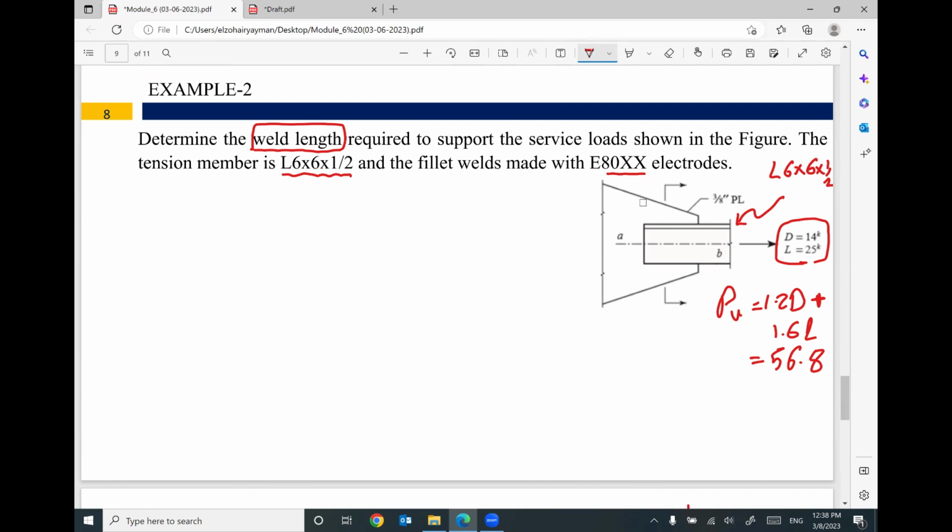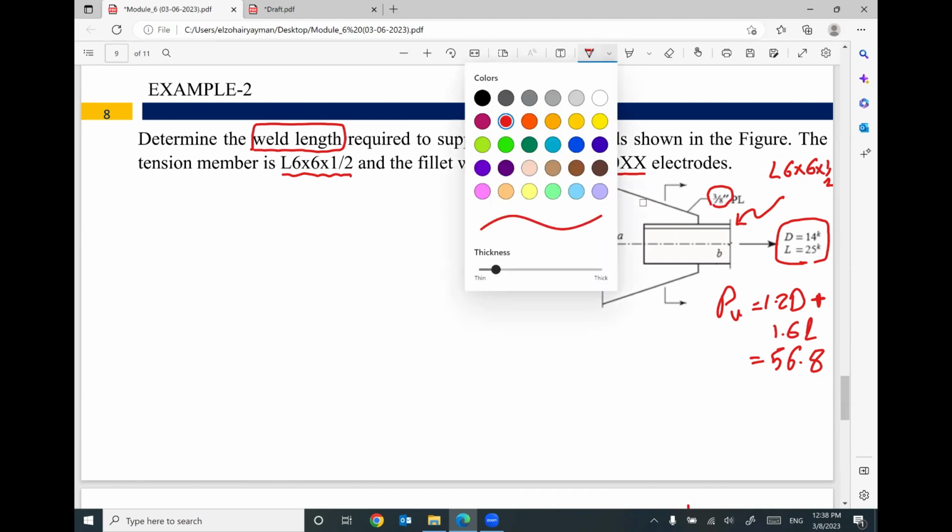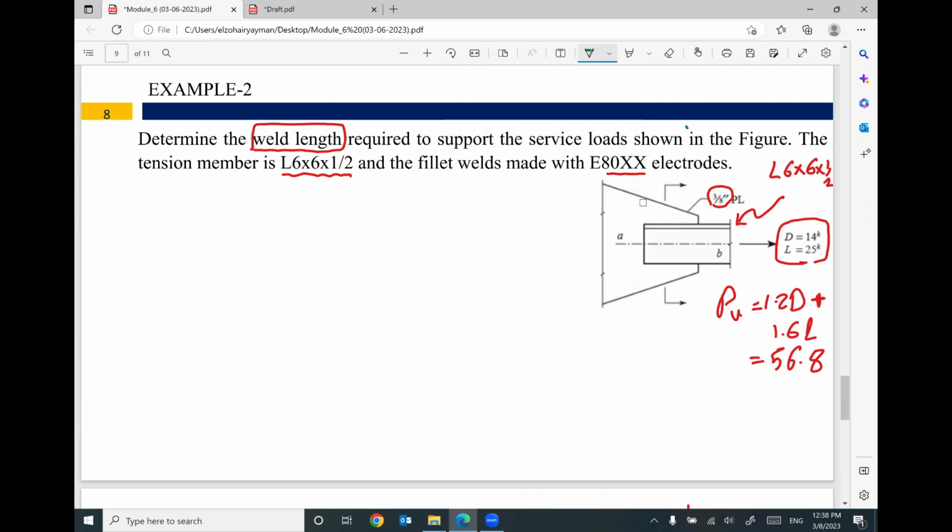And we need to put welding between this gusset plate with a thickness of 3/8 and this angle, which is 6 by 6 by 1/2. First step, I will assume, so this one P ultimate is given and everything else is missing, and we are looking for L. I will assume the weld size.